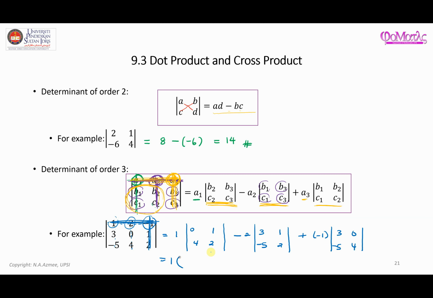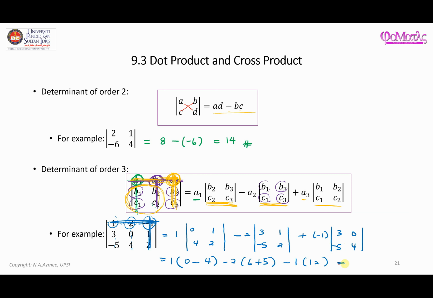So next you will have 1, 2 times 0 is 0, minus 4 times 1 is 4, minus 2, 2 times 3 is 6, minus this one is -5, so minus negative is +5, minus 1, okay, this one is 12, this one is 0.